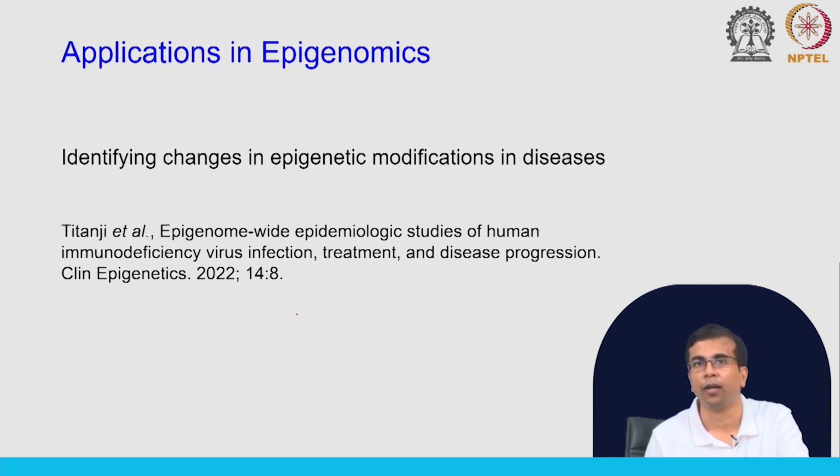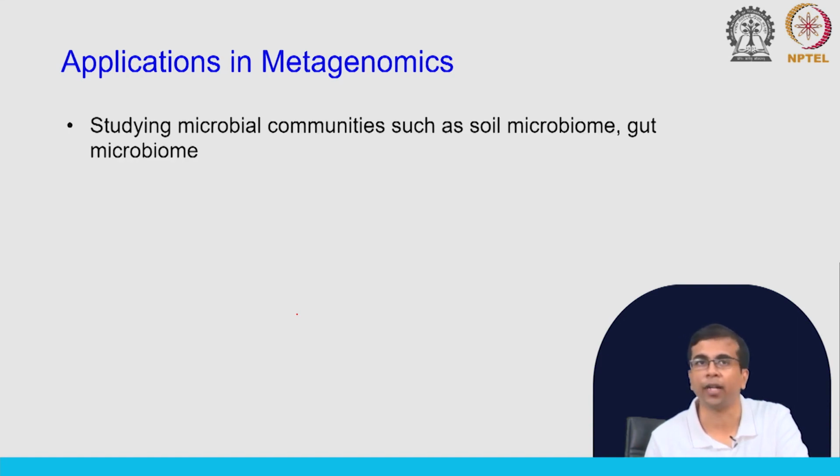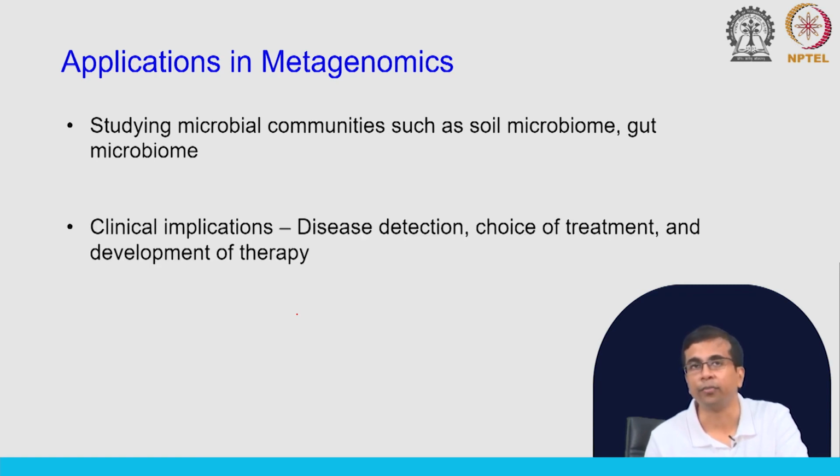So, we are talking about epigenome studies across human diseases, and finally, these methods have been applied in something called metagenomics. Again, this is a study of microbial communities. For example, we have the soil microbiome or the gut microbiome. We have these microbial species living inside our body, and we can study them, and this has very important clinical implications, for example, for disease detection, specifying which kind of treatment to use, or developing novel therapy that can prevent certain types of diseases.